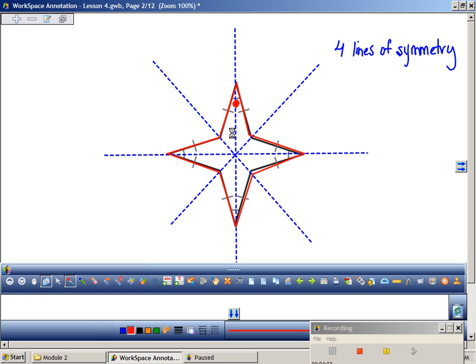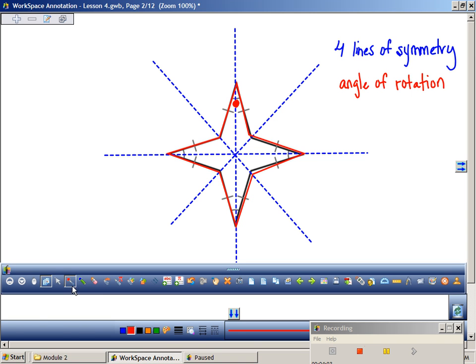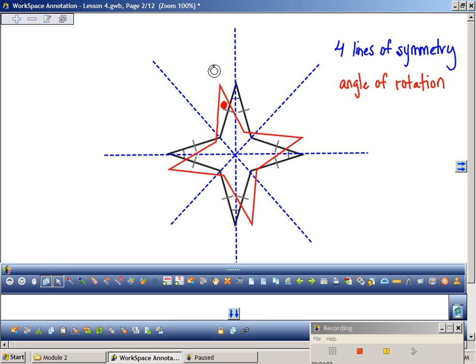Right? 4 times. Can you tell me my angle of rotation? How much of an angle is it before I have symmetry?